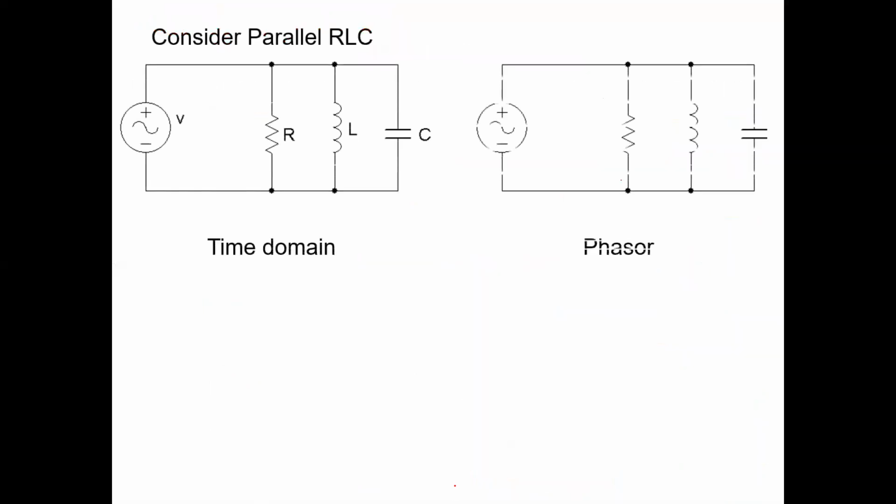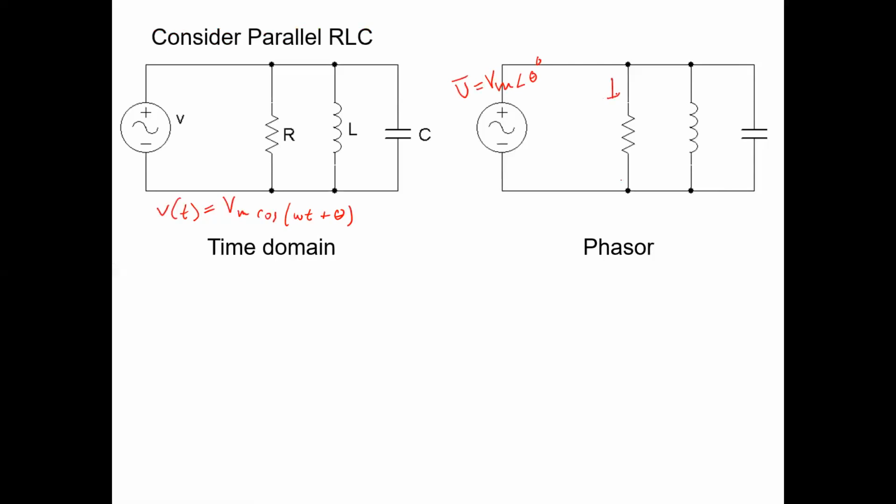With a parallel RLC circuit, you're all getting the same voltage. If we're hitting it with a sine wave, V of t, with some Vm amplitude cosine of omega t plus theta, in the phasor domain that means we've got V bar equals Vm angle theta degrees.